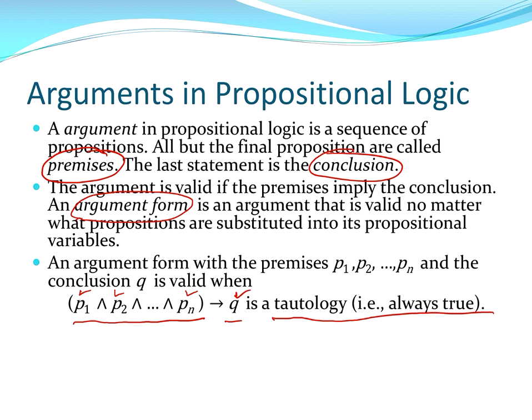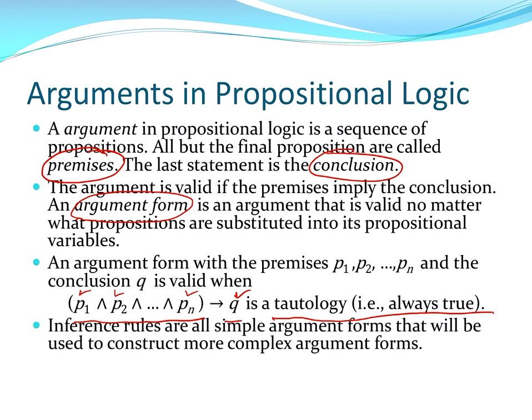Because remember, with an implication, if you have truth on the left of it, you must have truth on the right of it if it's a true implication. And then we're going to look at a number of basic forms called the inference rules that we'll use by name when doing proofs.